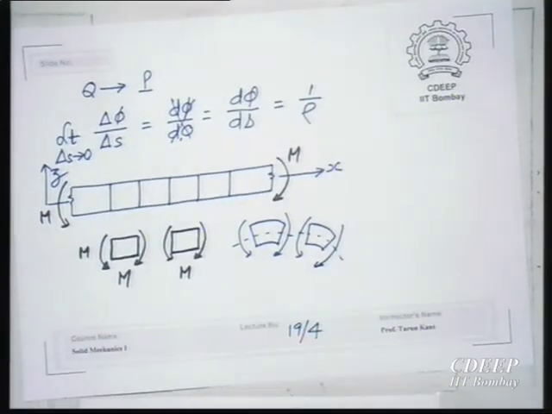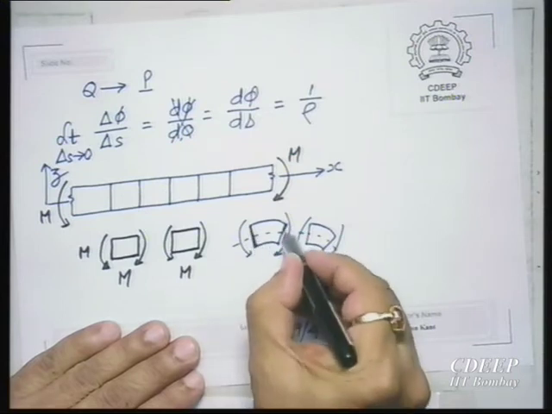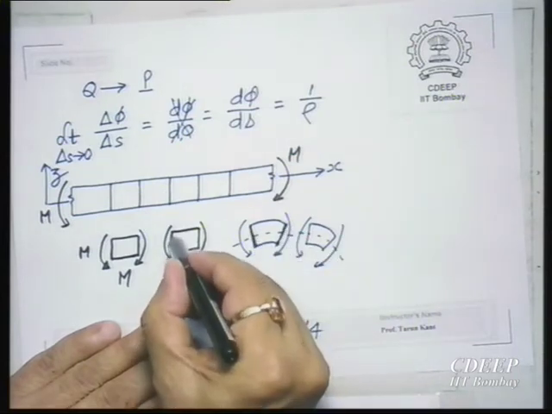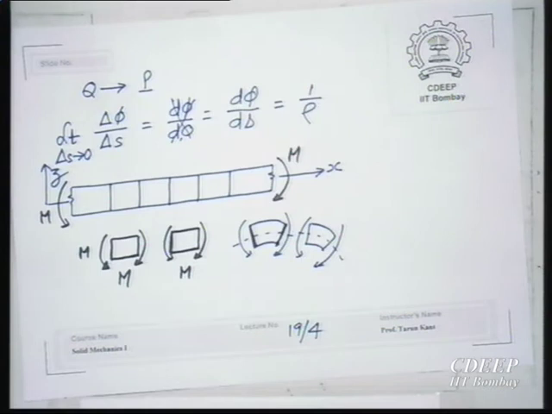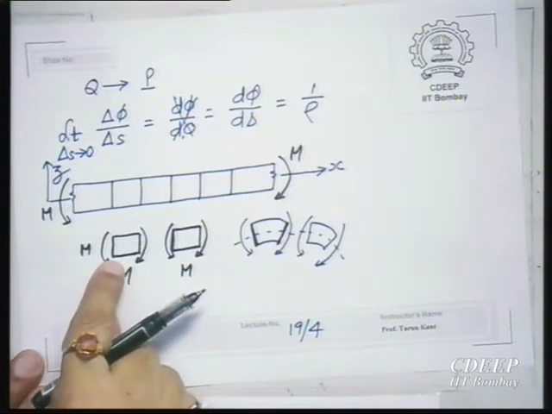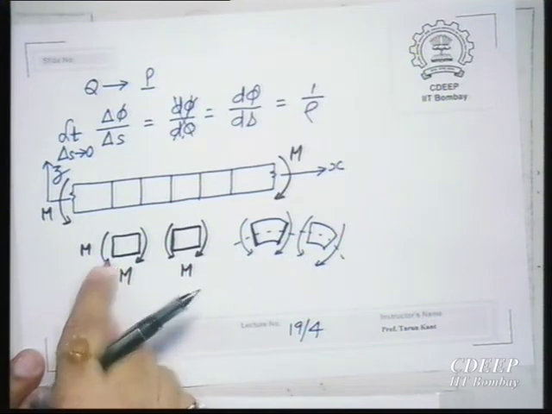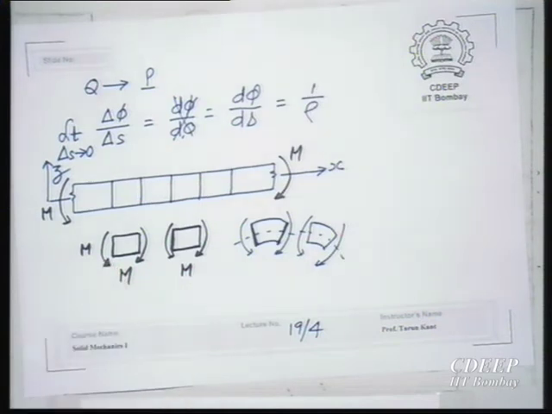Now, I would like to know what happens to this edge. Originally, this edge was a cross section. Of course, we are seeing only a line, but otherwise it has got a width b. Width of the beam is b. But this edge, originally it is a straight line. Now, after you apply the bending moment, does it remain straight?